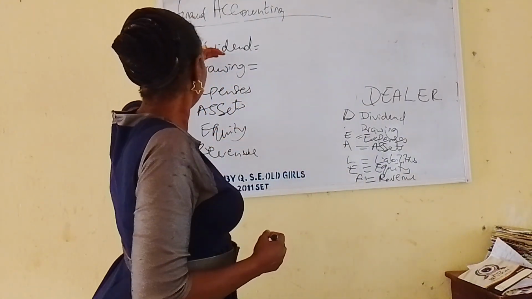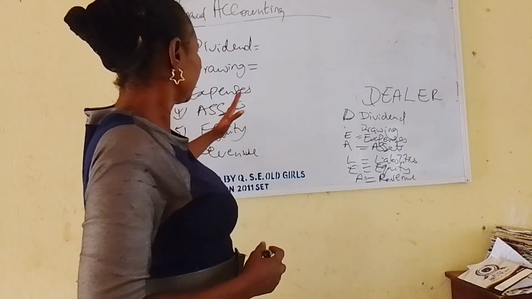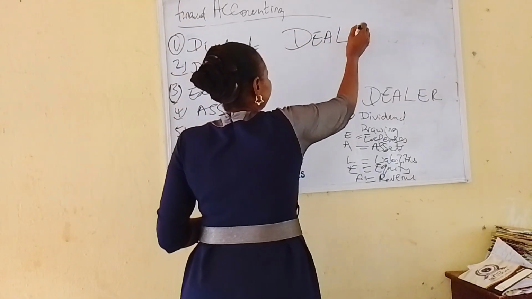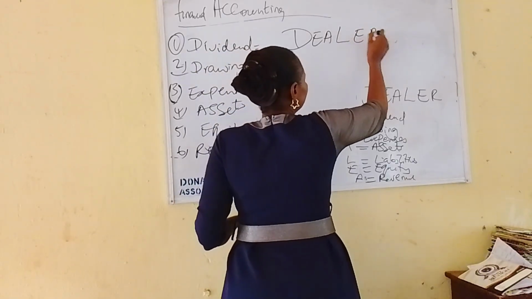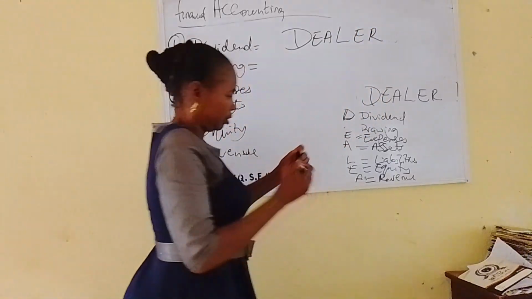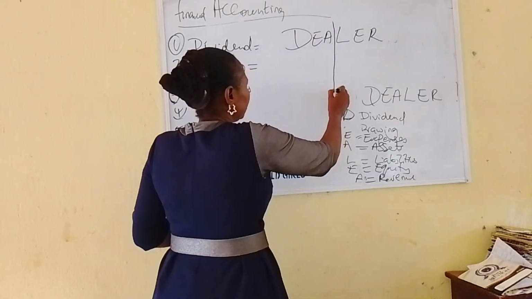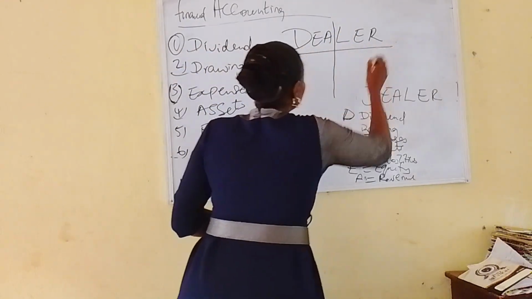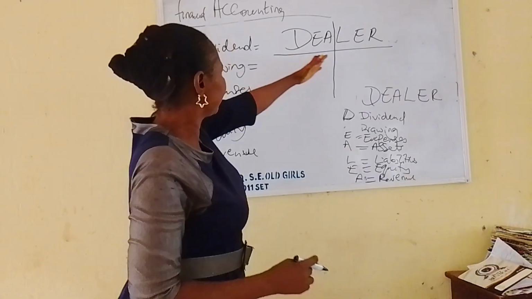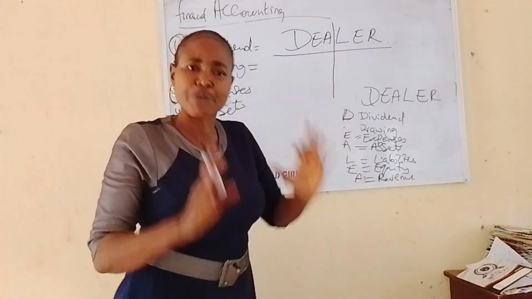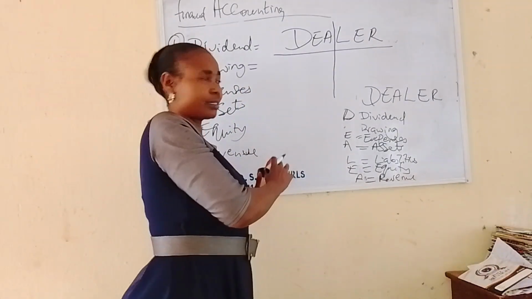Next, if you look at the DEALER, we have a line drawn in between like this. This line means that this side, DEA, is for debit entries.